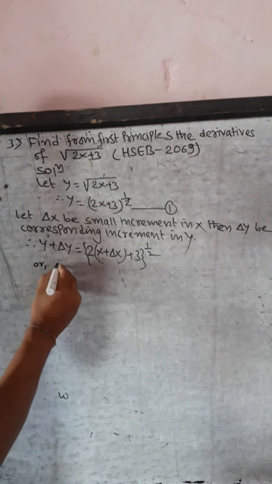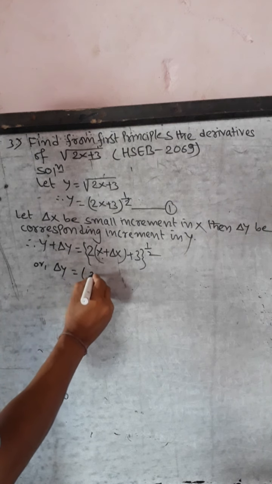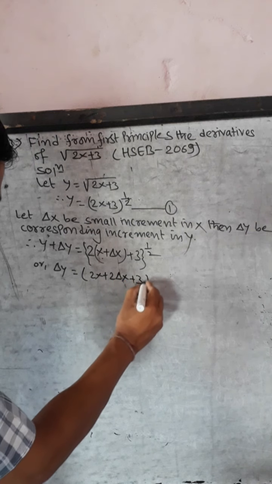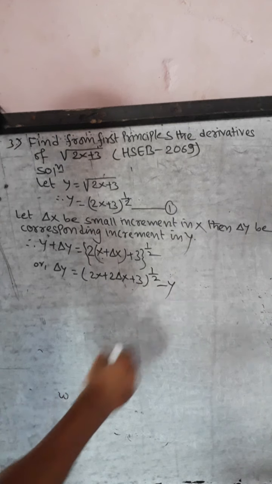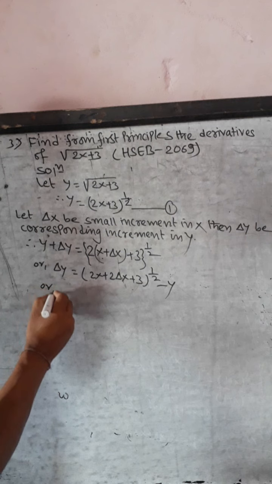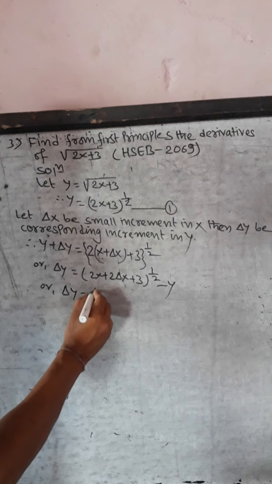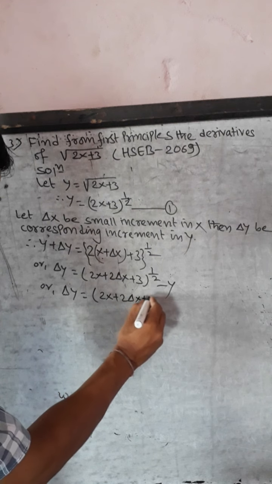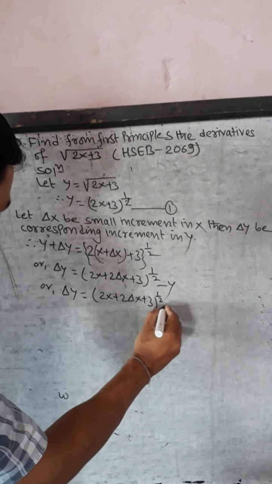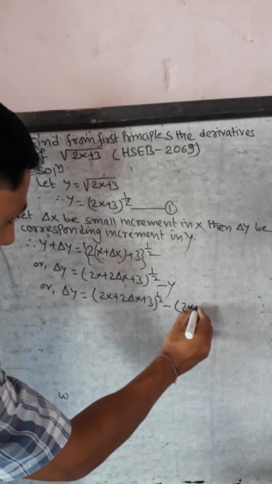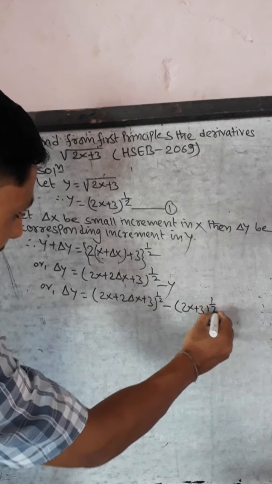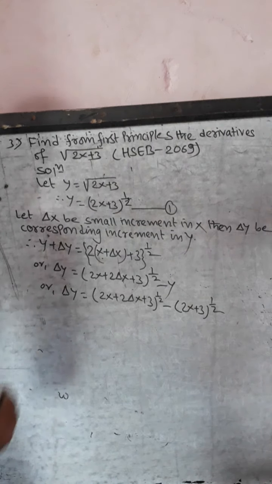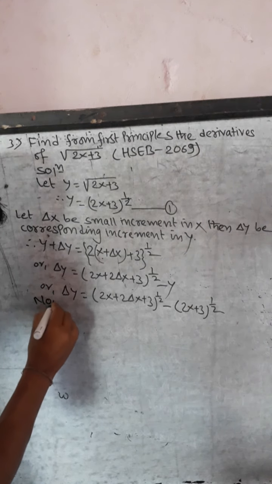Or del y is equal to 2x plus 2 del x plus 3 to the power 1 by 2 minus y. Now put the value of y, or del y is equal to 2x plus 2 del x plus 3 to the power 1 by 2 minus y, means 2x plus 3 to the power 1 by 2. Now let's find out dy by dx.